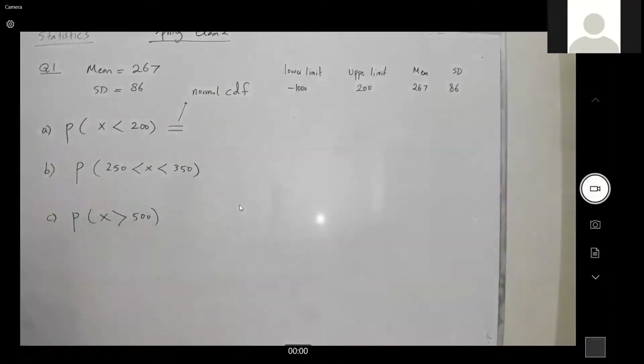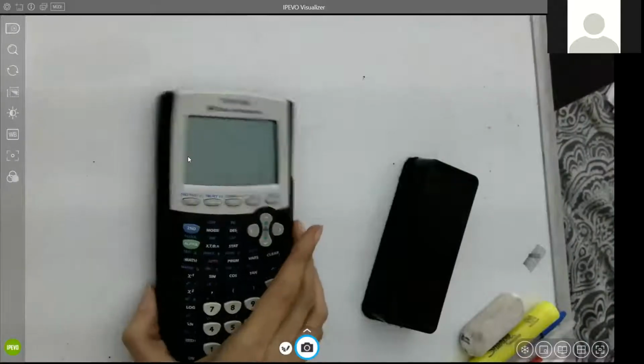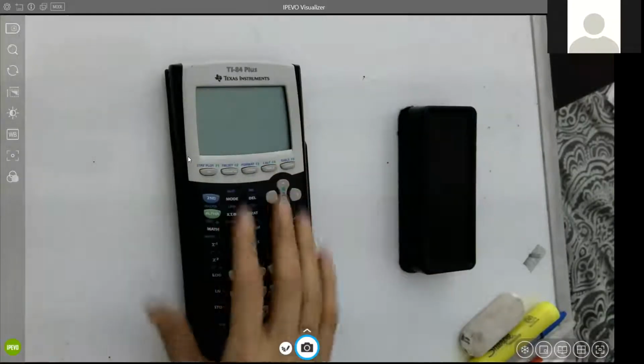Let us use our calculator. So let us turn on the calculator.